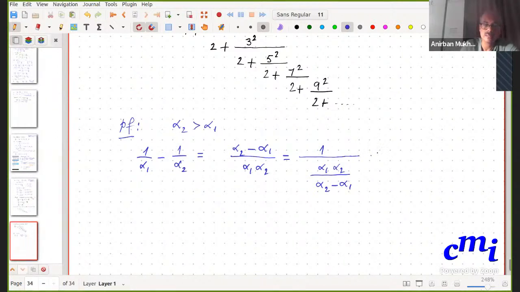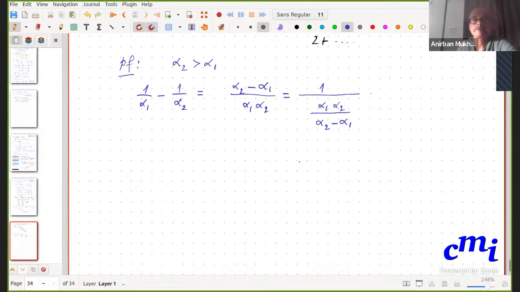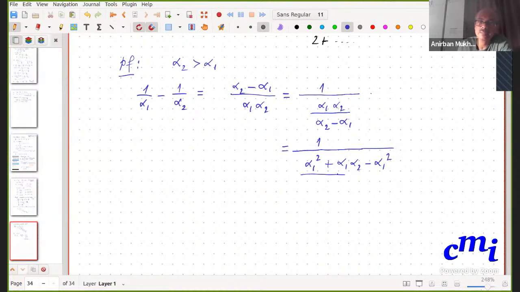Now let us write this as 1 over... we are adding alpha 1 square and subtracting alpha 1 square in the numerator, just adding and subtracting the same thing, and the denominator is alpha 2 minus alpha 1.